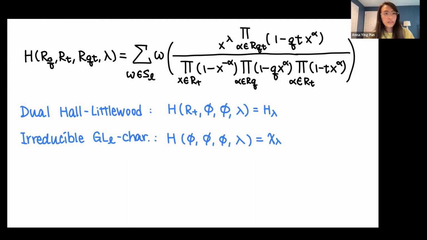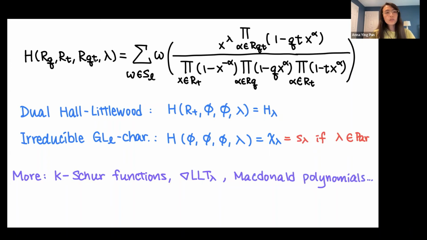You don't pick any positive root for any of these, and you will get back your chi lambda. And if you choose your lambda to be partitions, then you will guarantee that you get the Schur functions, okay? So this is just a big package, and it includes a lot of things that we know by choosing the right reset.